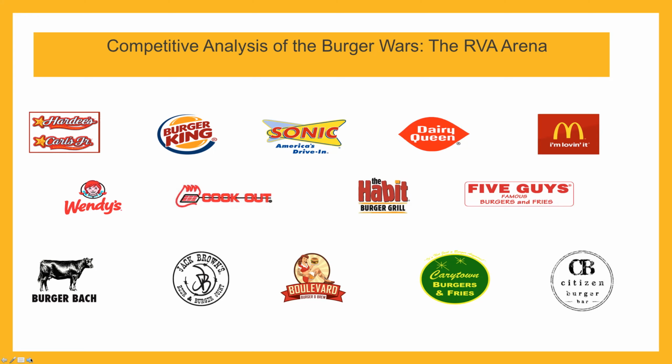Habit is a sub brand of Yum Brands, which owns KFC, Taco Bell, Pizza Hut. They decided to diversify and get into the burger space. Habit is nowhere near as big as their other three sister brands. Yum Brands is what's considered to be a house of brands.